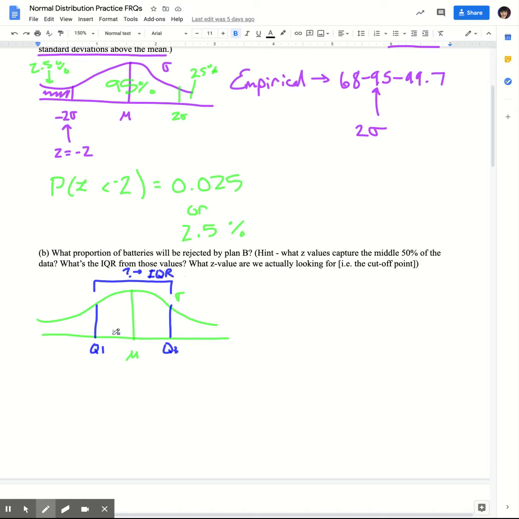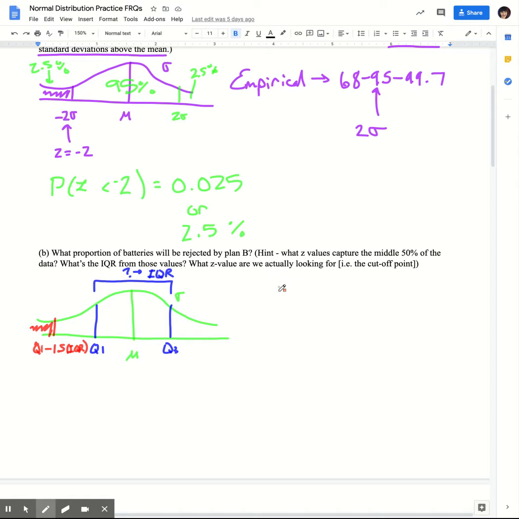I'm going to multiply that by 1.5 and then subtract that distance from Q1 to get a cutoff point, right? So I have to figure out what my cutoff value is. So this value here, this red line here, is Q1 minus 1.5 IQR. Okay, and I'm going to reject any battery that's below that.